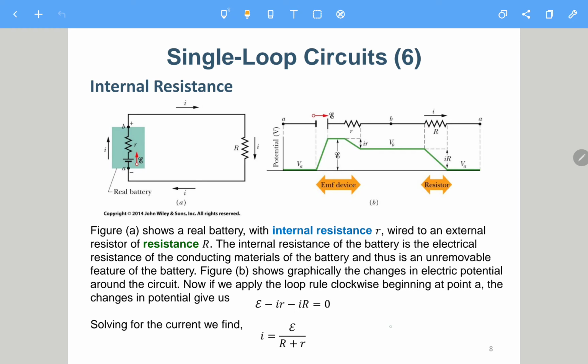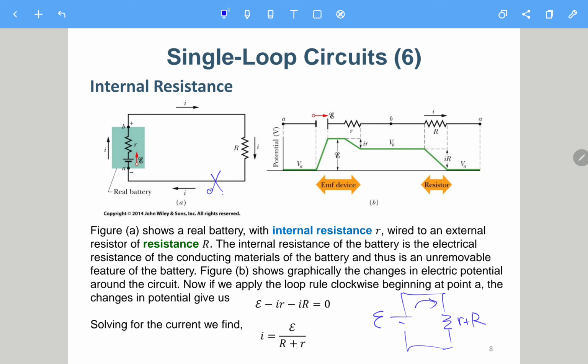So it is equivalent to an ideal battery, ideal EMF, in series with a resistor which is small r plus capital R. In this case, this is nothing but I equals E over r plus capital R.